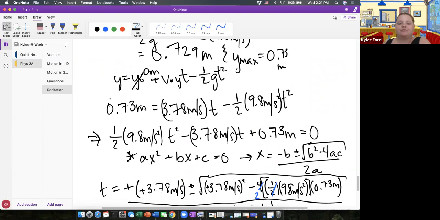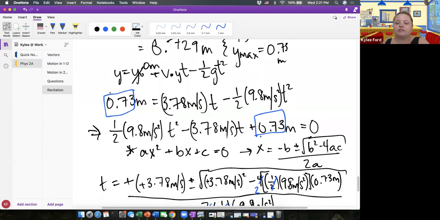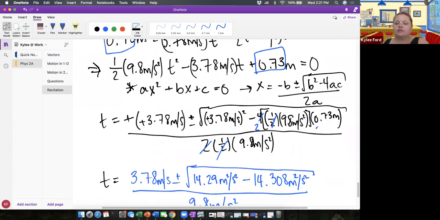Let's see. So if I plug it in there, and then here, let's see, 0.729 meters instead.